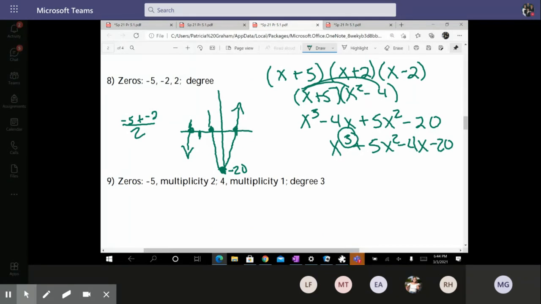Plus 14 minus 20. And when I get all of that added up, where do I end up? About 12.5. So I know that I have the point negative 3.5 and 12.5.